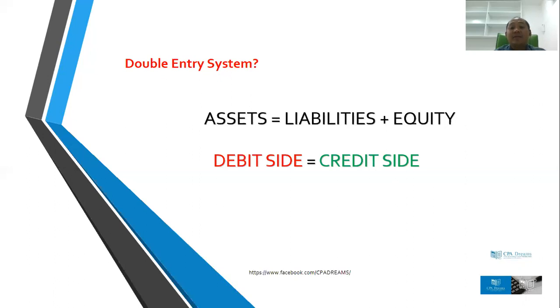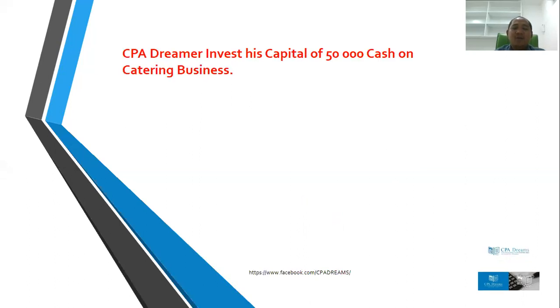Yung mga accounts under liabilities and equity, credit side. Ang symbol na ginagamit is DR equals CR. Okay? Debit and credit. Please remember this important accounting equation. Now, let's go to some multiple choice questions later, but I will give you some illustrations.